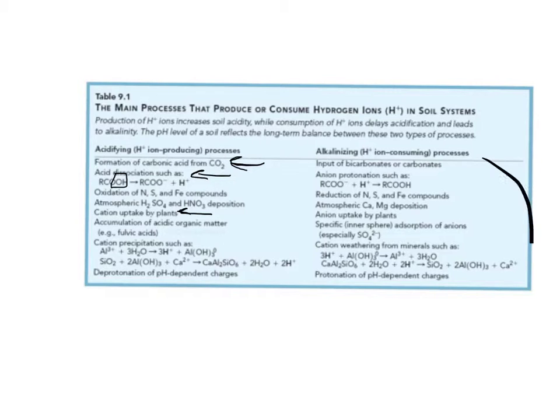We can have other things happen on the other end. We can have this process that we talked about here with organic matter reversed, and those hydrogens go back onto those organic matter sites. We can have the nitrogen, sulfur, and iron compounds that instead of oxidizing are now reducing and consuming hydrogen. So here again, alkalinizing, H-ion consuming processes.